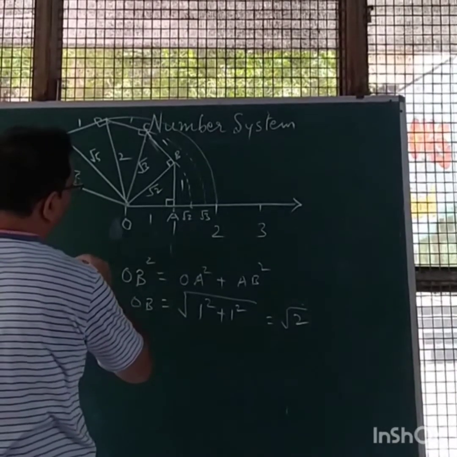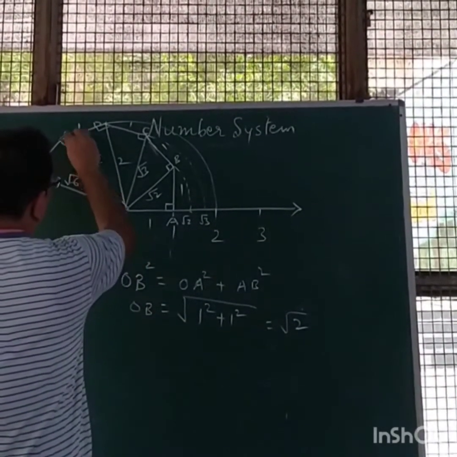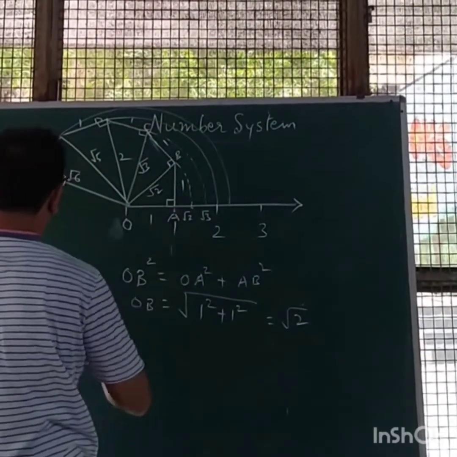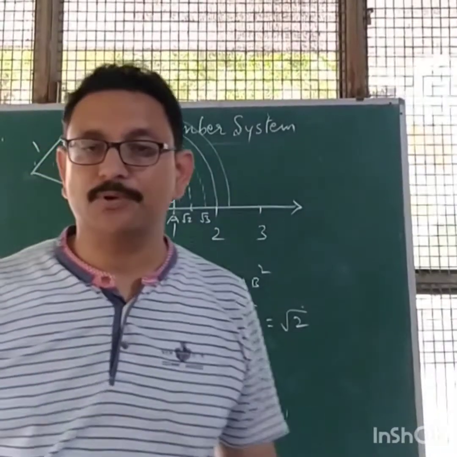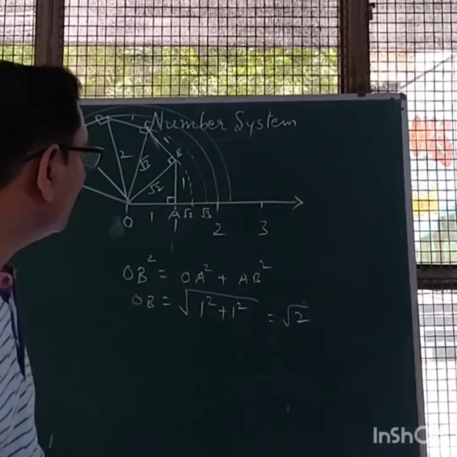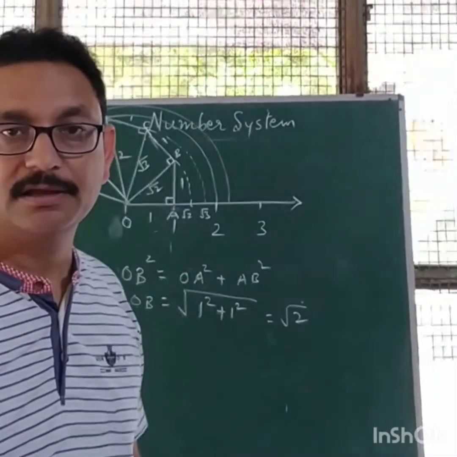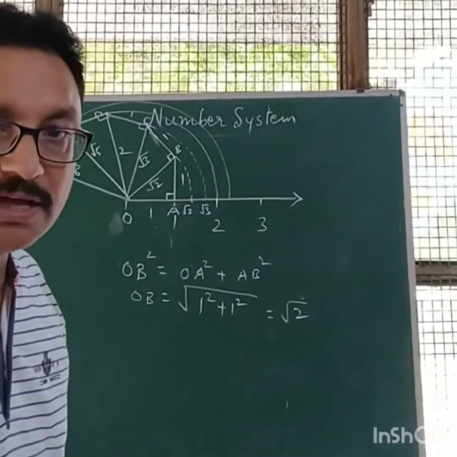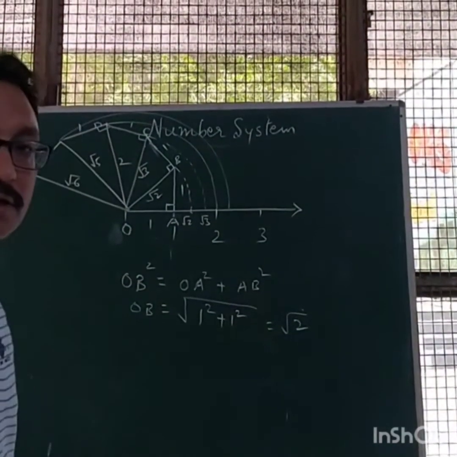And now under root 5, something here, under root 6. So in this way we can plot different under roots on a number line by taking the distance on the compass and drawing an arc on the number line.